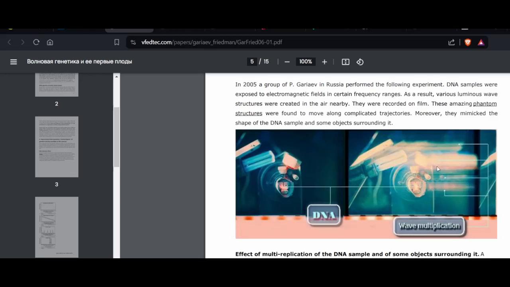And it's not just the DNA. You can see it's their equipment, too. There's a tube-looking light that they have, like an incandescent light bulb as a tube or something, and you can see that image ghosting off to the side as well. And in the DNA sample, it's hard to tell, but you can see there are almost pulses to it.